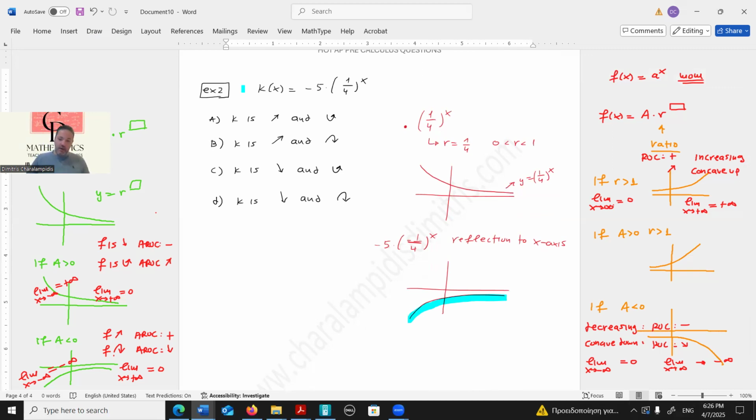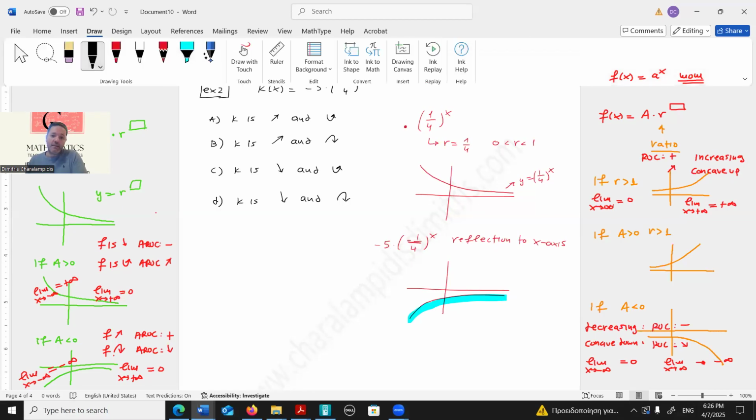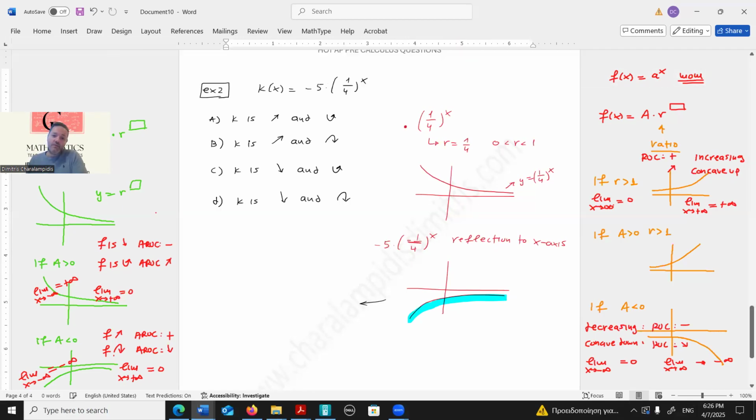And now I can describe really easily what I do see. First of all, with regards to the monotonicity, it is increasing. And with regards to its concavity, the graph is concave down.